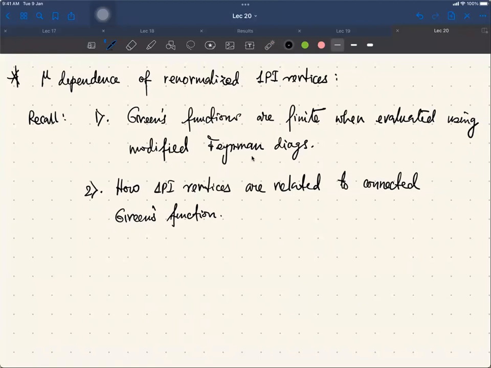So that is the approach. So let us first do that. Let me write it down.